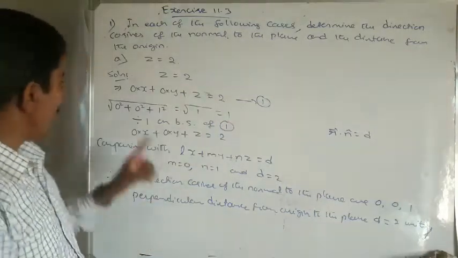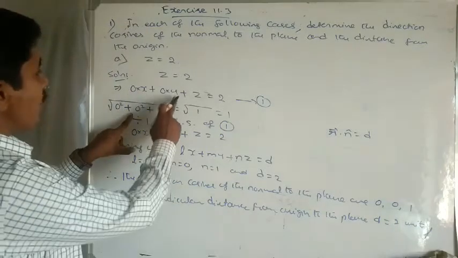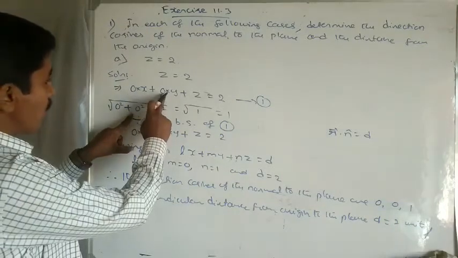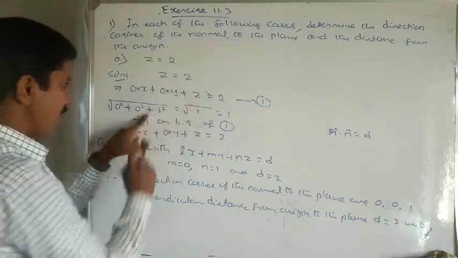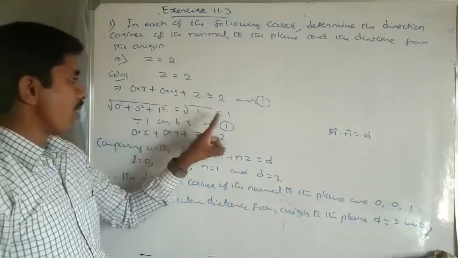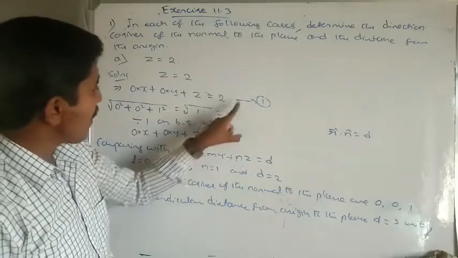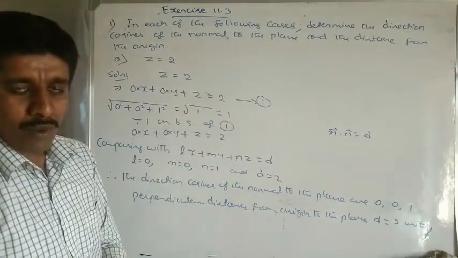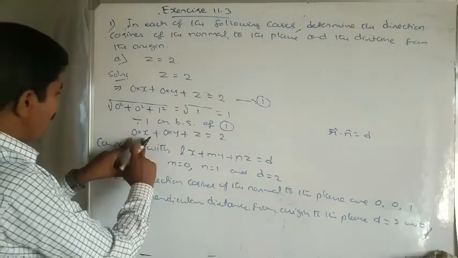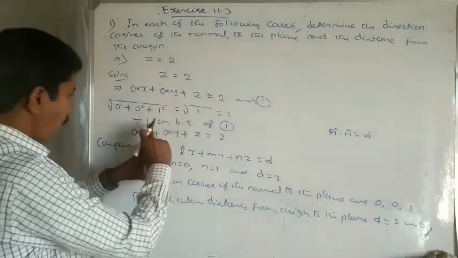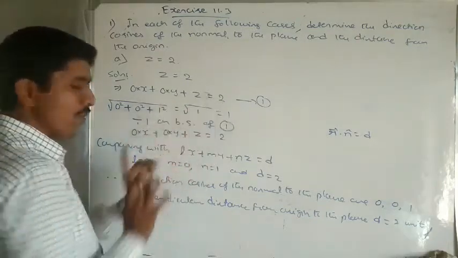Next step, very easy one: square root of x coefficient squared, 0 square, plus y coefficient squared, 0 square, plus z coefficient squared, 1 square, is the square root of 1, which is 1. Divided by 1 on both sides of equation 1: 0 into x, 0 into y, z, is equal to 2 by 1, which is 2.